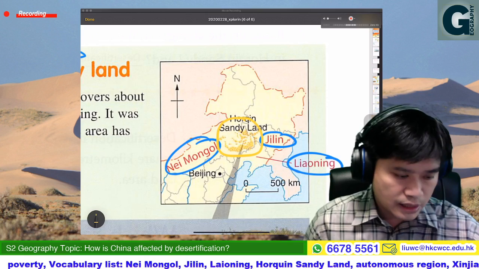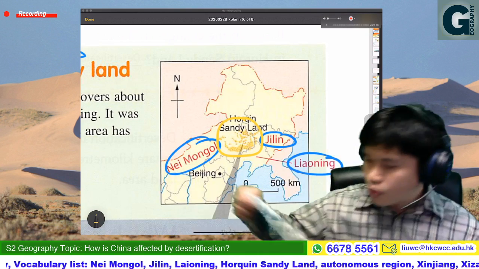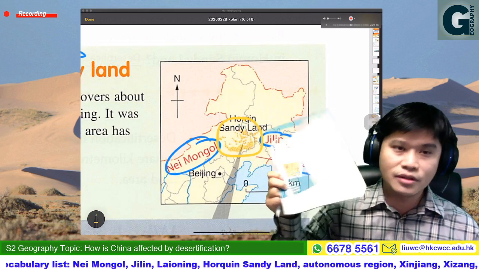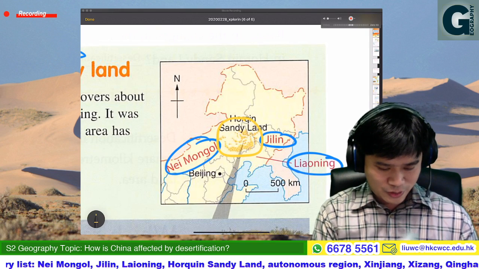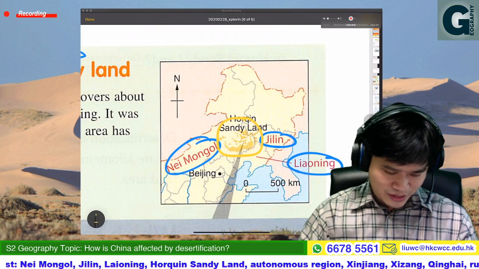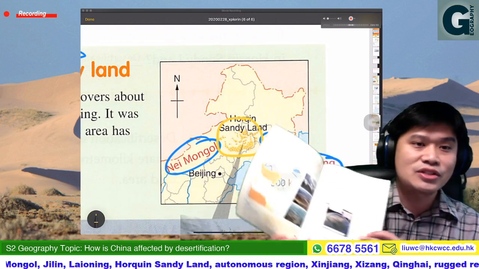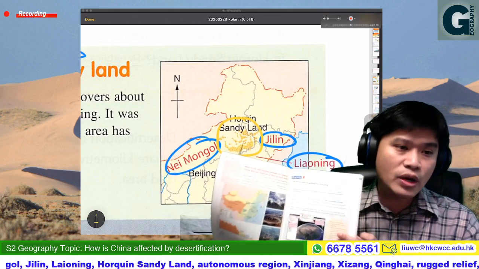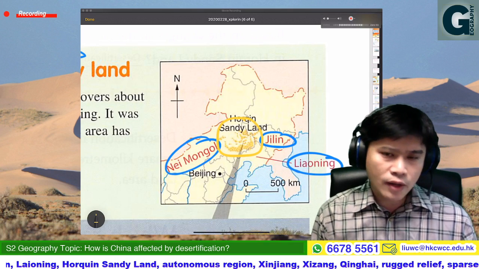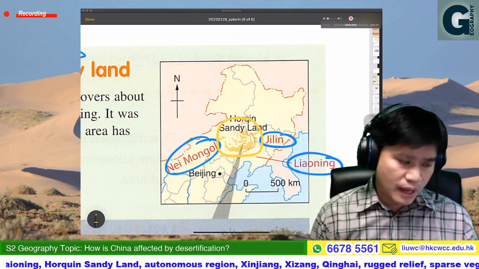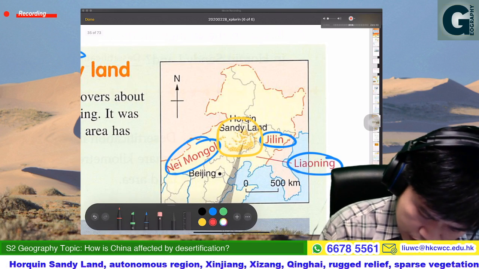And I hope you still remember when we studied Chapter 4, the trouble with water. You still remember this page, page 16. We have studied the landscape of mainland China. One landscape I have mentioned before, or in your textbook, would be in this part.